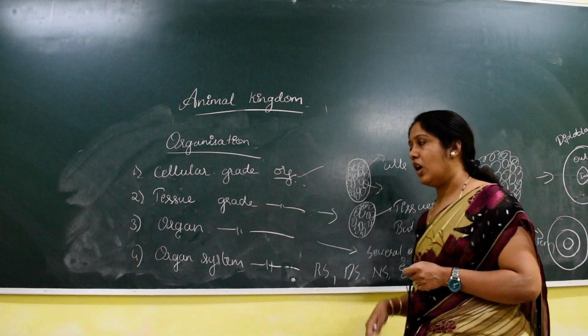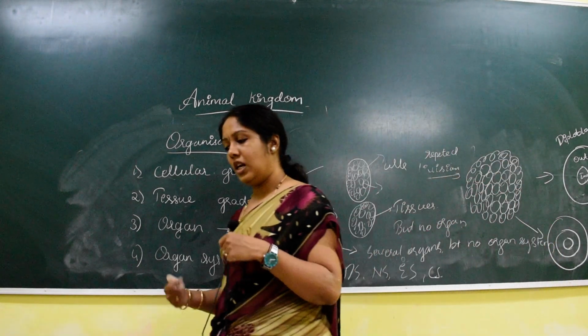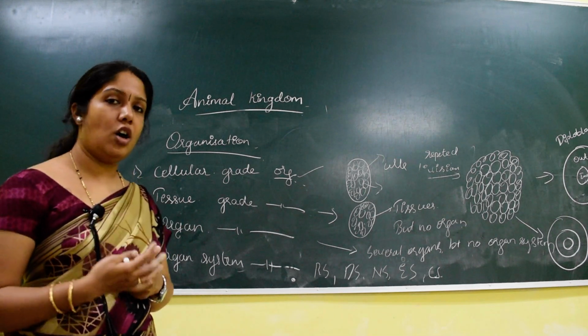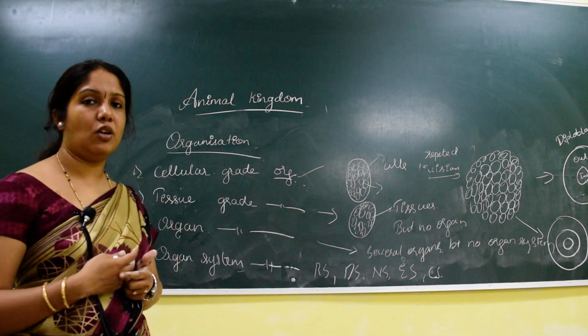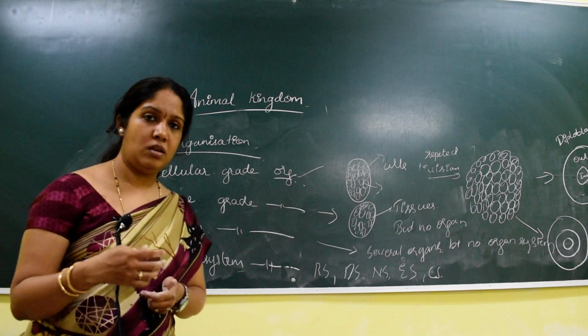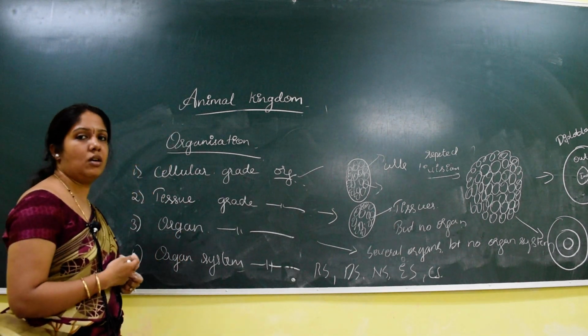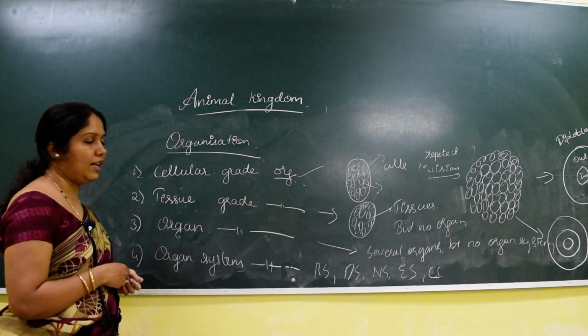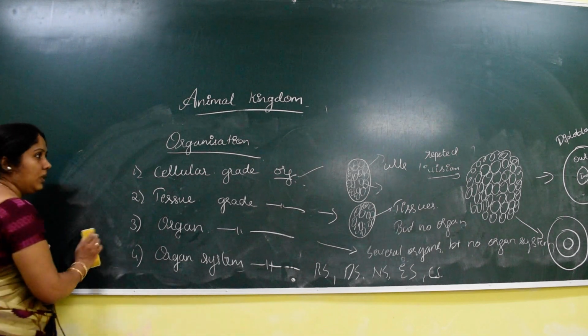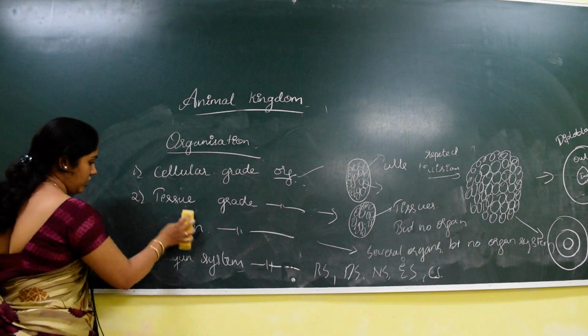When it comes to organ grade of organization, there is a development of organs but there is no development of organ system. So based on the type of organization, the phylums are again classified. Now this is about the organization.